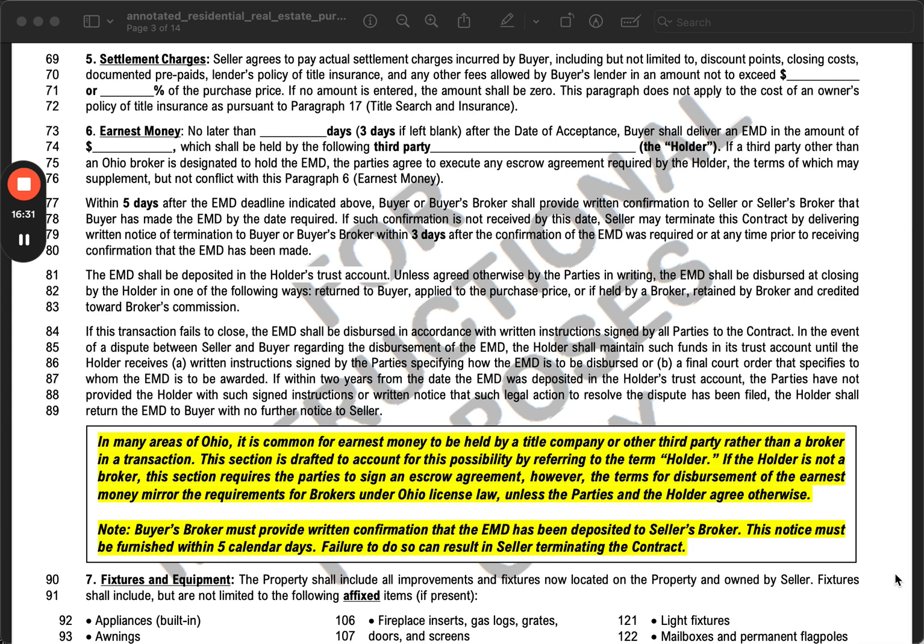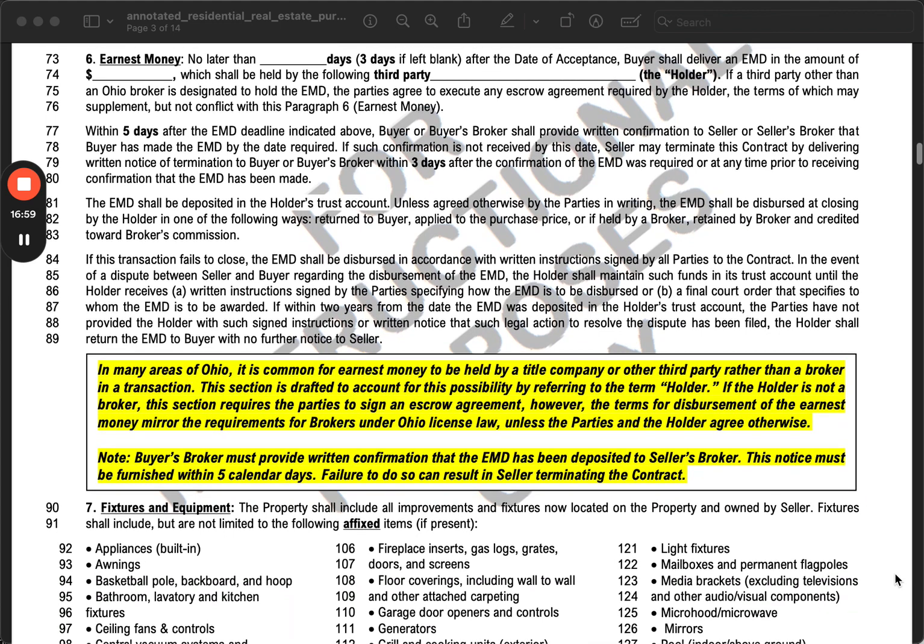If no amount is entered, the amount shall be zero. This paragraph does not apply to the cost of an owner's policy of title insurance pursuant to paragraph 17, title search and insurance. Again, lines 69 through 72 address the language you used to write into our purchase agreements addressing concessions the buyer is requesting, such as closing costs and prepaids. Line 73, earnest money.